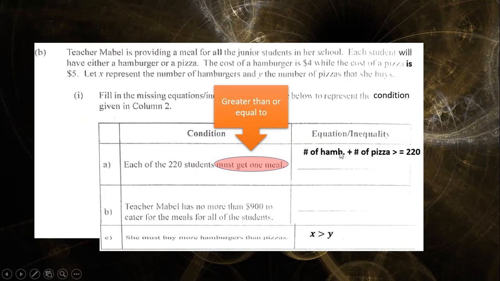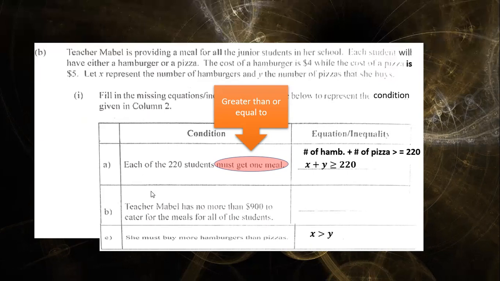So the number of hamburgers plus the number of pizzas is greater than or equal to 220. So hence, if X represents the number of hamburgers and Y represents the number of pizzas, then X plus Y is greater than or equal to 220. Any questions there?